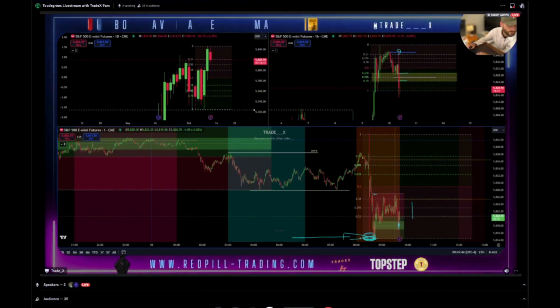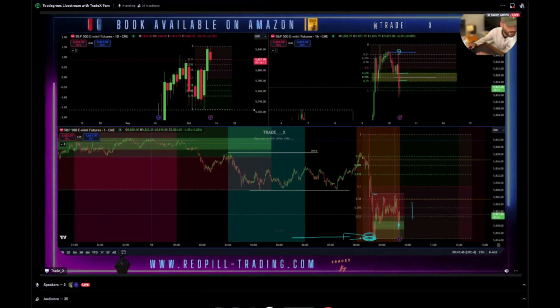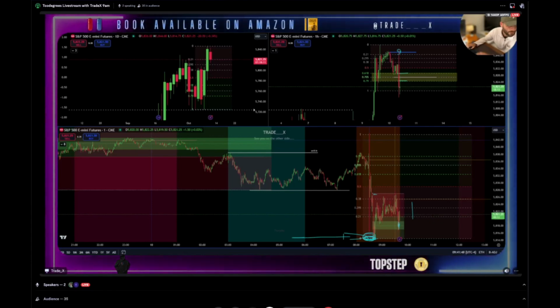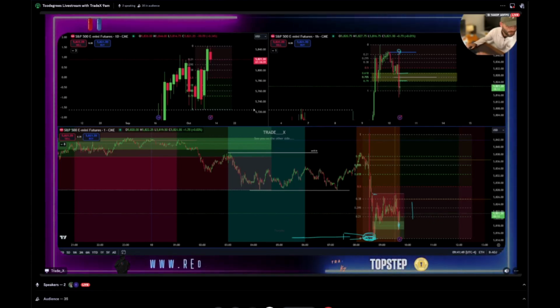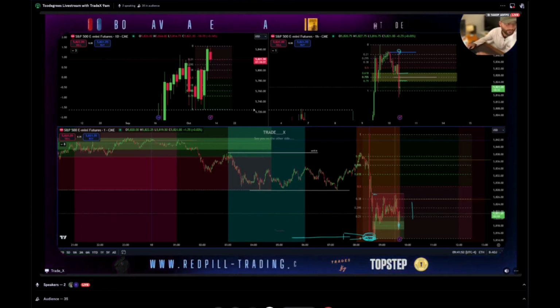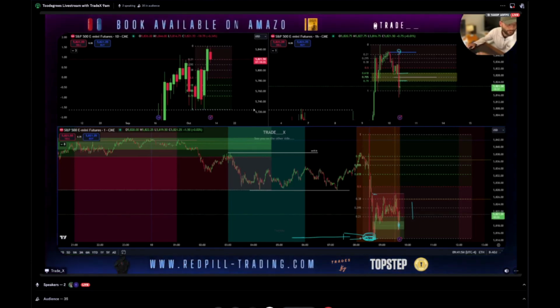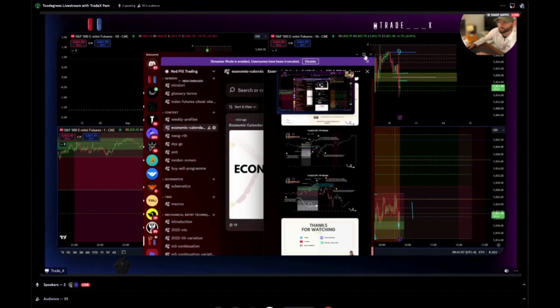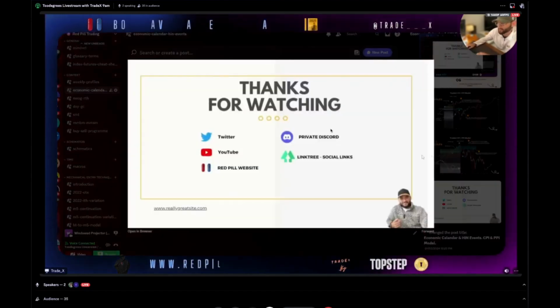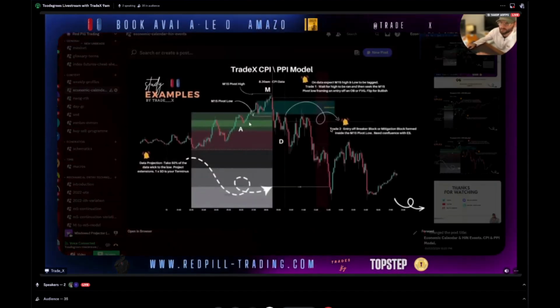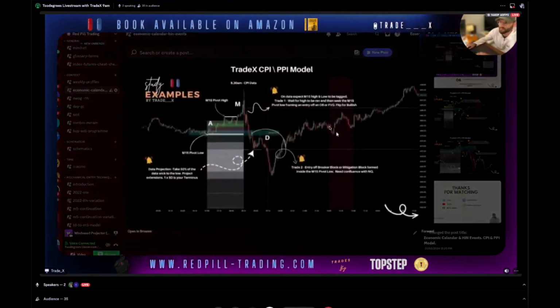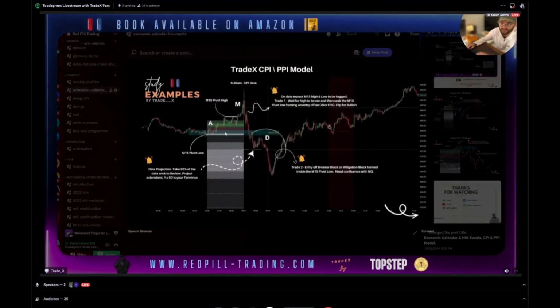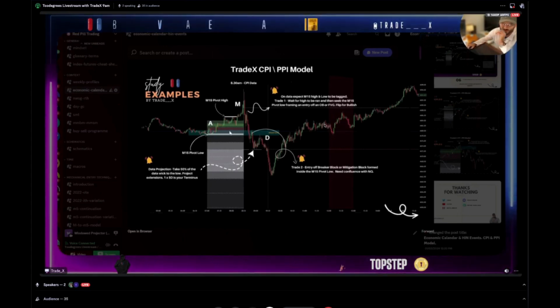Here we go. Can you guys see that? This is just inside Red Pill Uni. This is my CPI and PPI model, and it's exactly the same thing I trade every single time when I'm trading CPI or PPI.